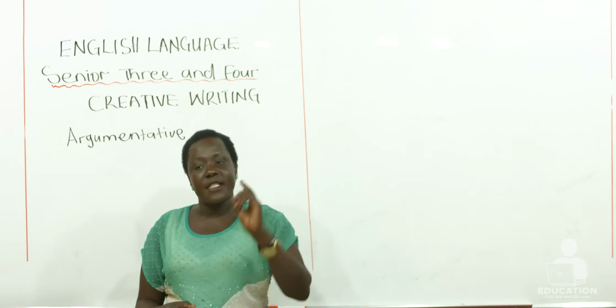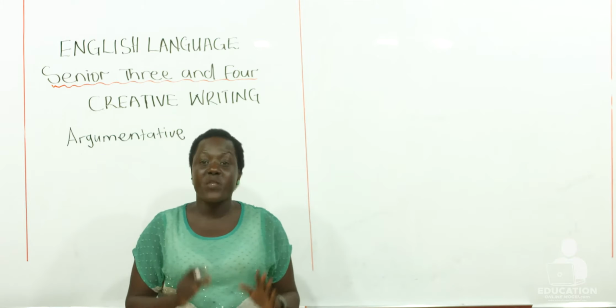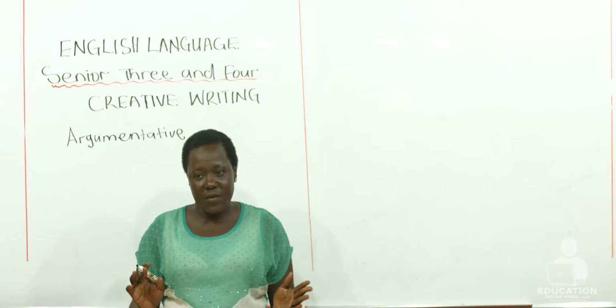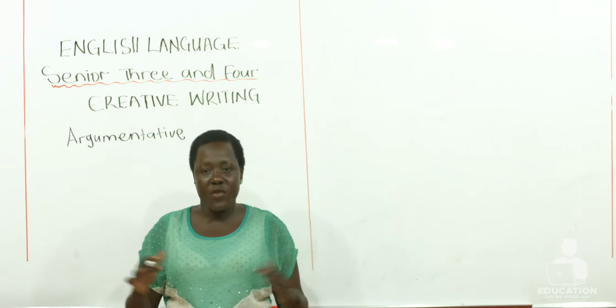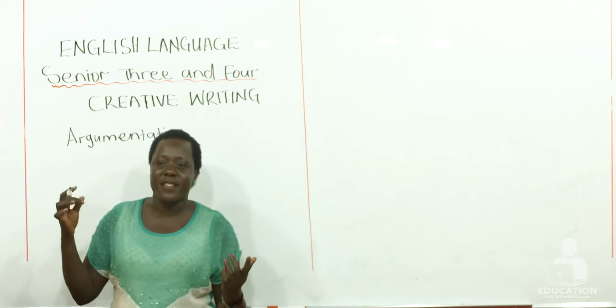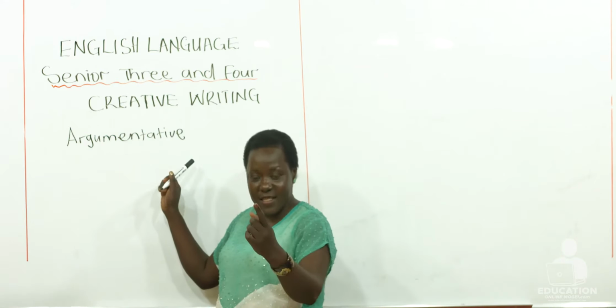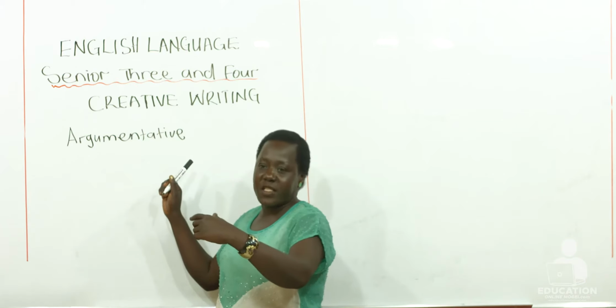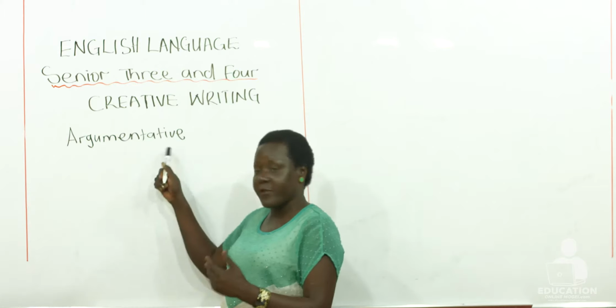We're going to look at yet another type of composition, which is called expository composition. And I told you previously that expository composition is the sister of argumentative composition. Let us see how related expository composition is to argumentative composition.